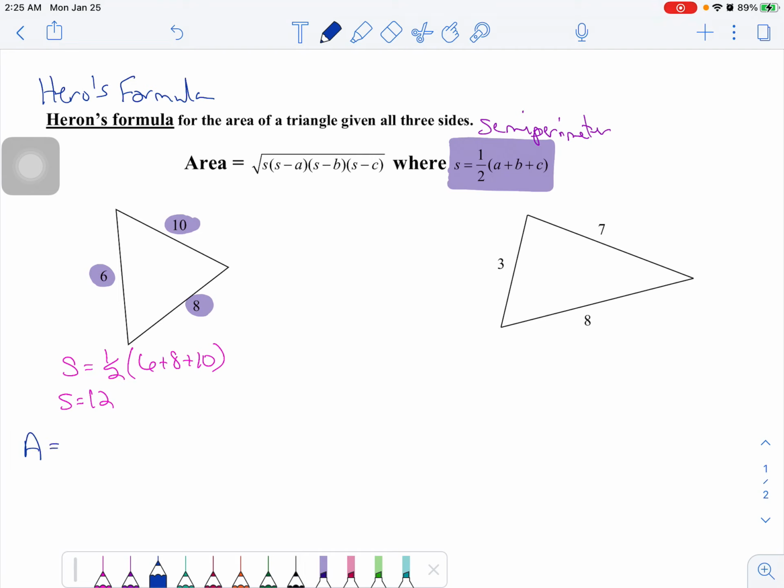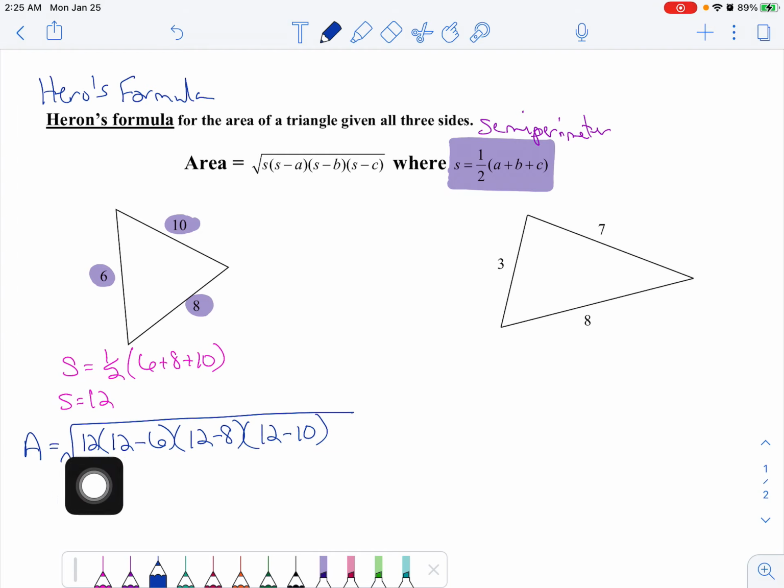And then we're going to use this S value in the area formula. So area is equal to the square root of the semi-perimeter times the semi-perimeter minus one of the sides, times the semi-perimeter minus the other side, times the semi-perimeter minus the third side. So all of the S values are the same number, 12, and then we just subtract one side at a time to fill in the rest of the problem.